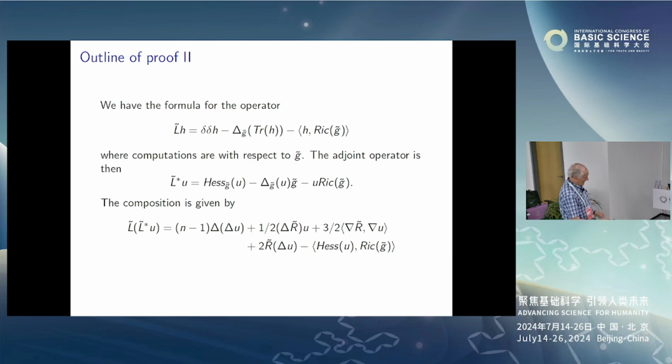Because this is a very underdetermined system, it's useful to look at the fourth order operator, which is L tilde star. That's a kind of biharmonic operator. It's written there. And if we can prove surjectivity of that operator, of course, that implies surjectivity of L tilde.